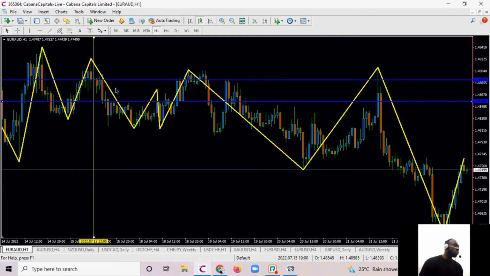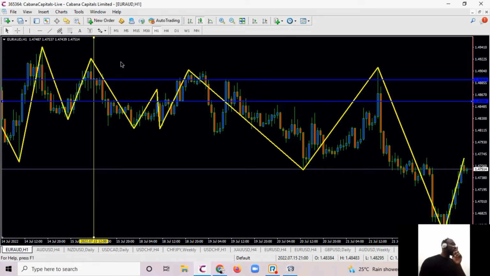Okay? So if you have entered the trade using the 1 hour setup, remember it's the 4 hour time frame that we use in confirming that the trend is about to change. It was on 4 hour, not 1 hour time frame. We just came to 1 hour to confirm we have a zigzag above a bearish candle.